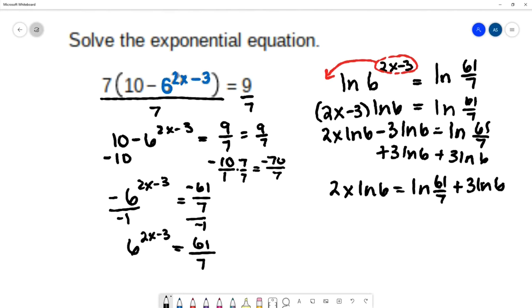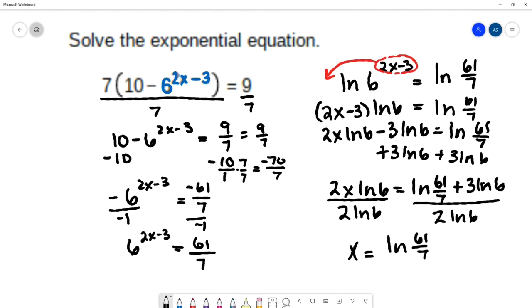I'm still working to isolate the x. I'm going to divide by 2 natural log of 6. And I get x equals natural log of 61 over 7 plus 3 natural log of 6 over 2 natural log of 6.